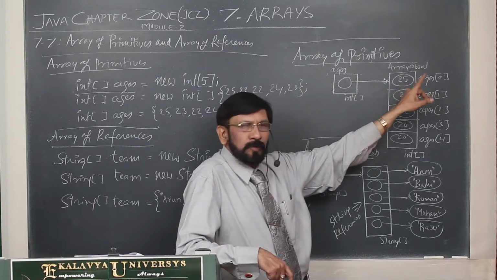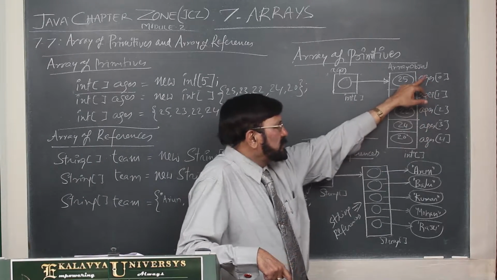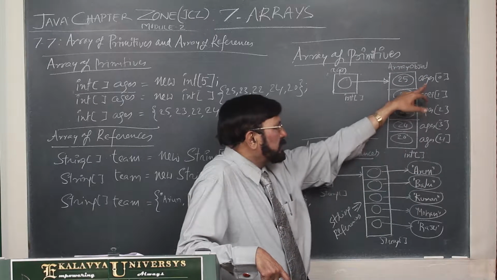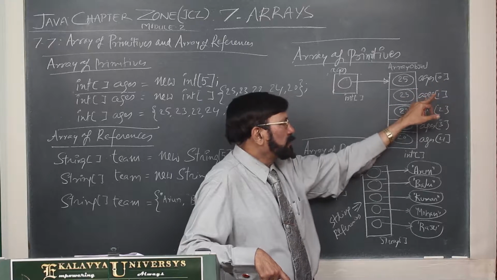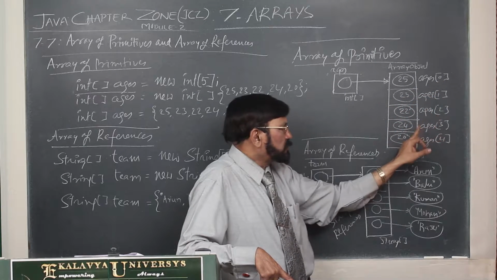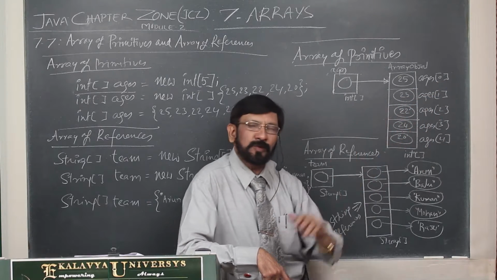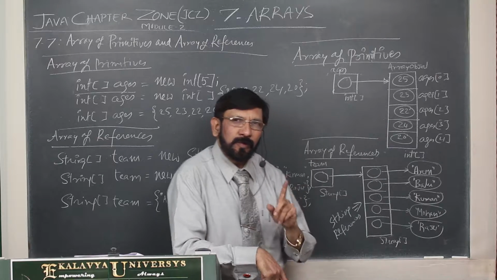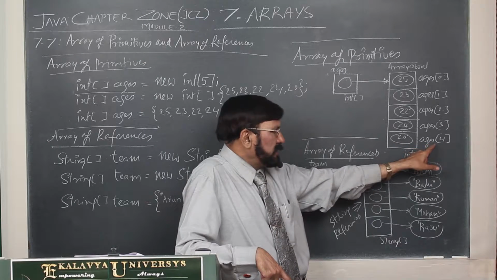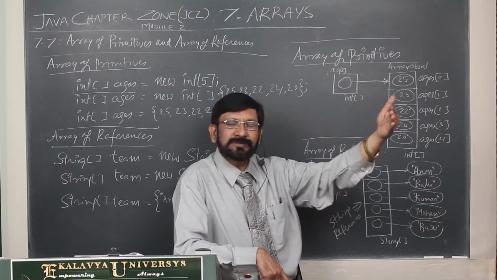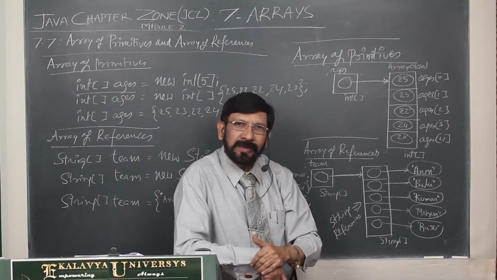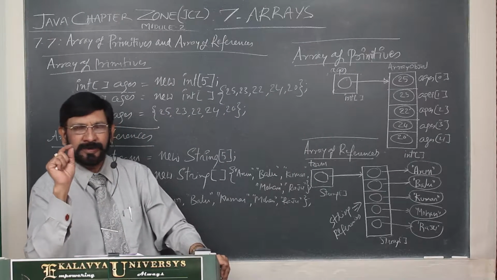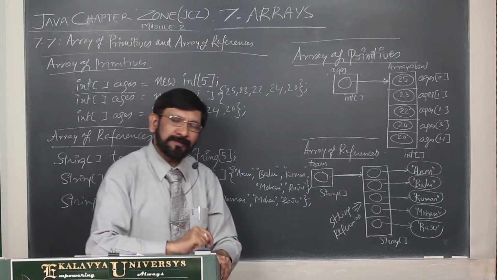Here I already told you it is 0 base index. If you have to access the elements of the array, ages[0], ages[1], ages[2], ages[3], ages[4]. Ages[5] you should not go to. If you write ages[5], that means you are crossing the boundary. It leads to throwing an exception. Exception means, for the time being, a runtime error.